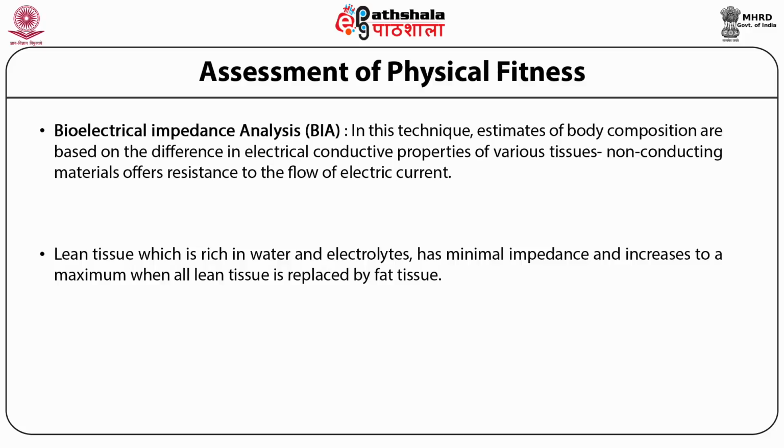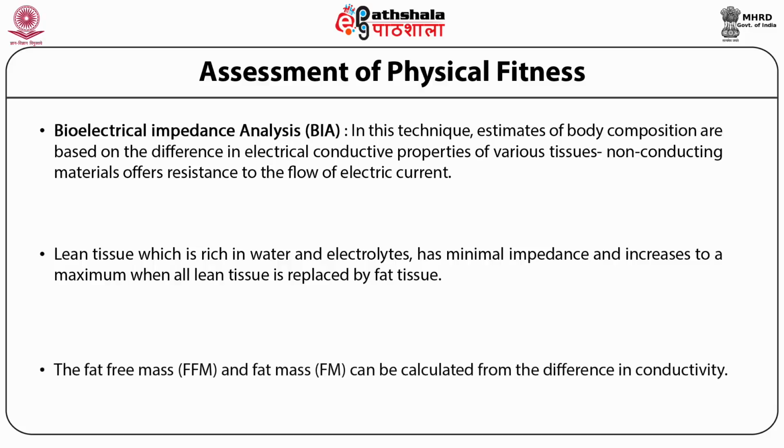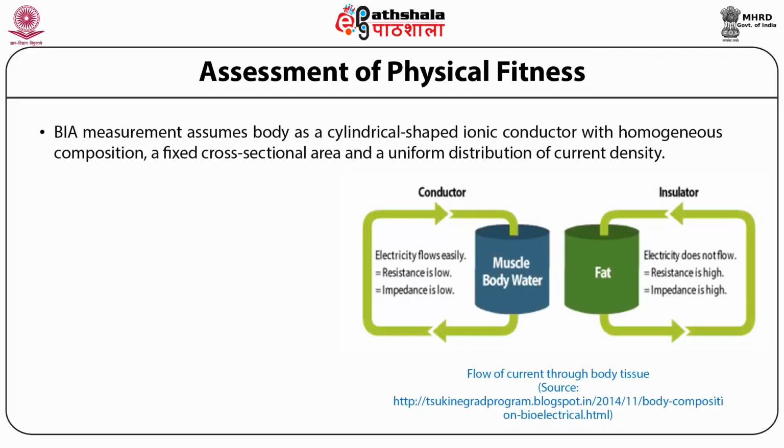Here the impedance signifies the opposition of a conductor to the flow of an alternating electric current. Therefore, the fat-free mass (FFM) and the fat mass (FM) can be calculated from the difference in conductivity. The bioelectric impedance analysis measurement assumes the body as a cylindrical shaped ionic conductor with homogeneous composition, a fixed cross-sectional area and a uniform distribution of the current density.